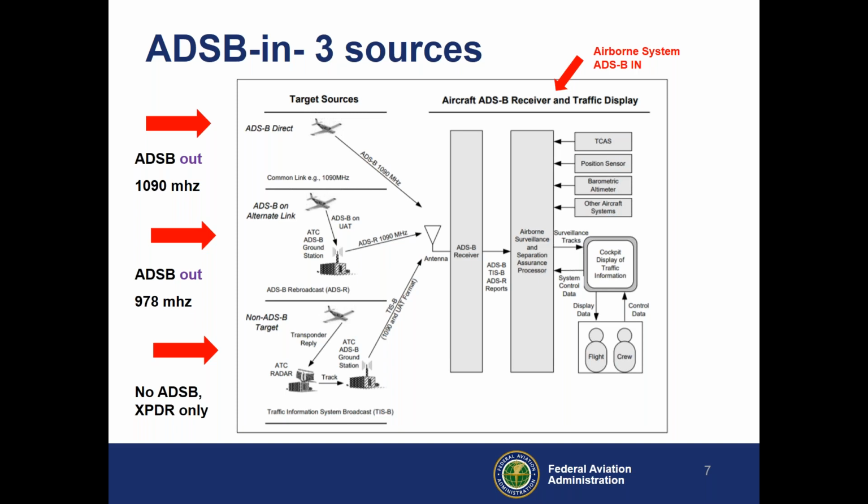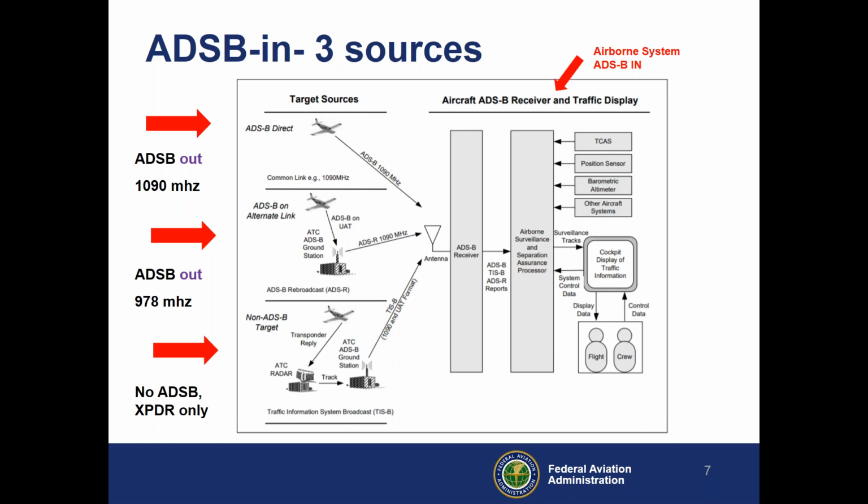So here's a slide that depicts an airborne ADSB In system on the right side. And there are three sources of traffic that will be displayed. The top one is considered direct link or common link.